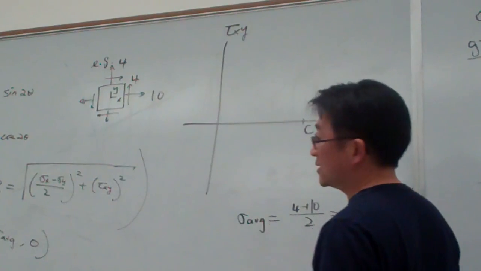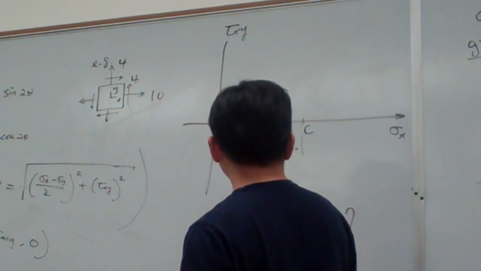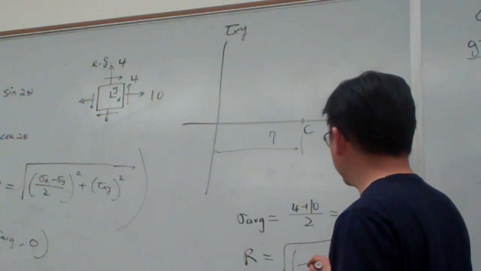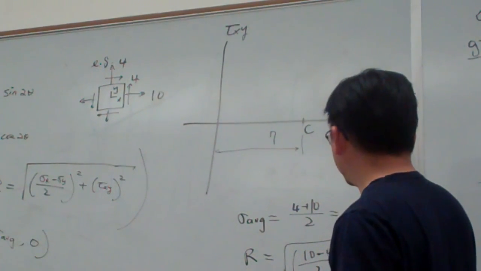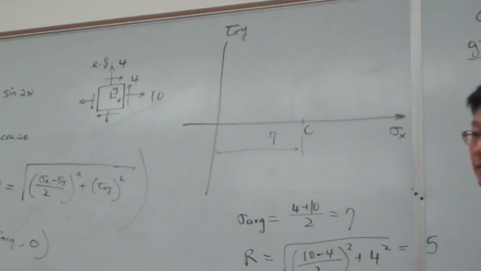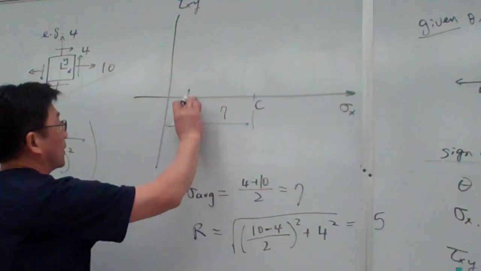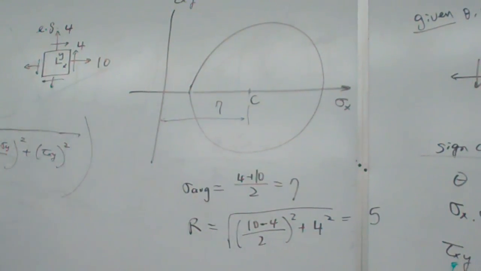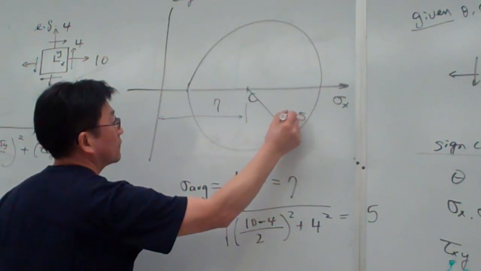Let me label it as C, center here. So the distance from here to here is 7. And the radius we can calculate: the square root of 10 minus 4 over 2, squared, plus 4 squared. So basically this is equal to 5. Okay, so the radius equals 5, so that means this is 7 and 5 should be here. So the circle will be something like this. So here the radius is equal to 5.